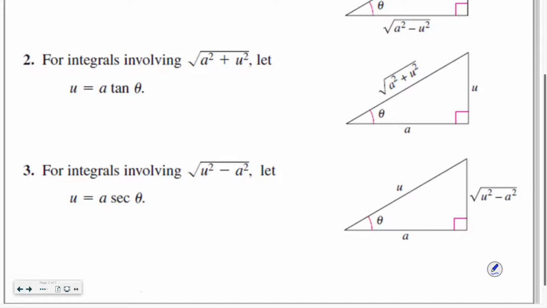You also need to draw a triangle that represents your substitution so that when you get to your answer, we can change back into the original variable. If I give you an integral in terms of x, your answer better be in terms of x.